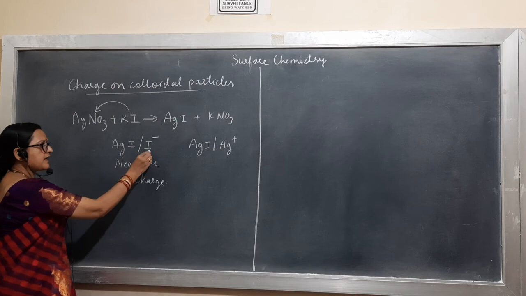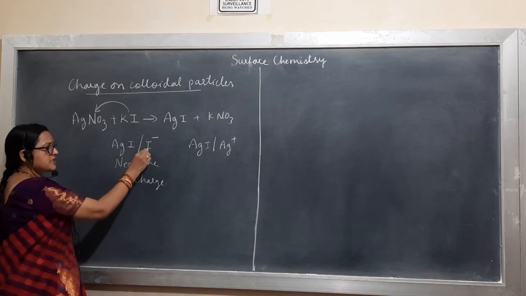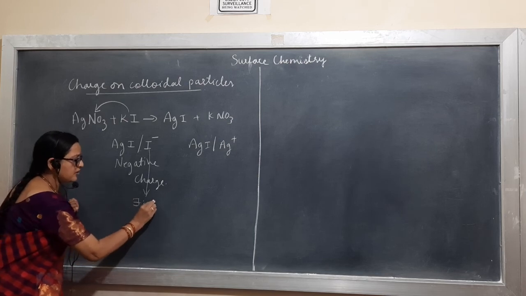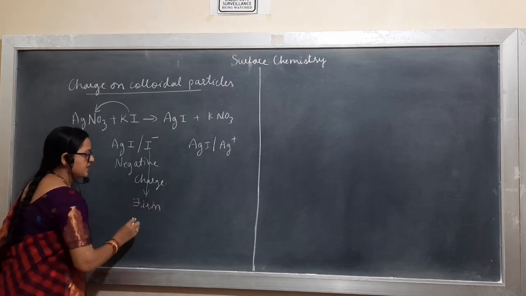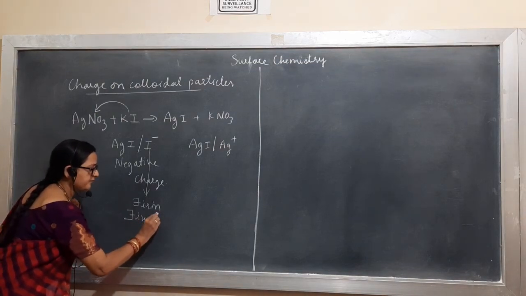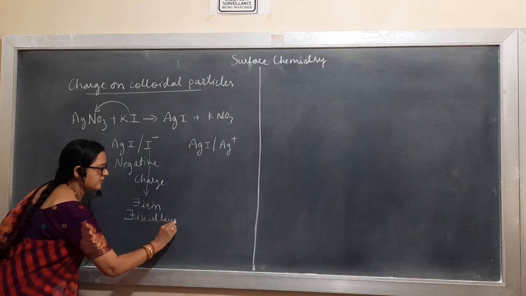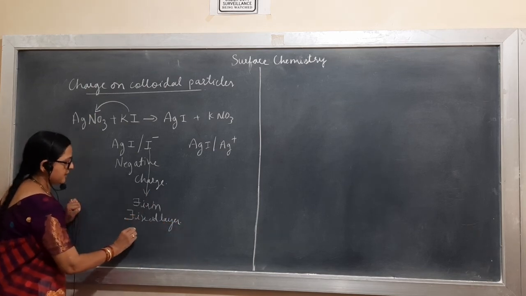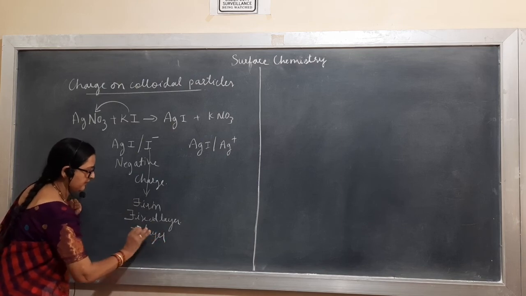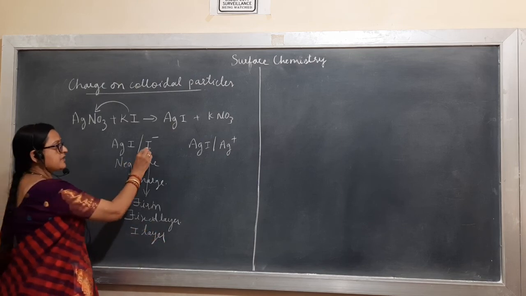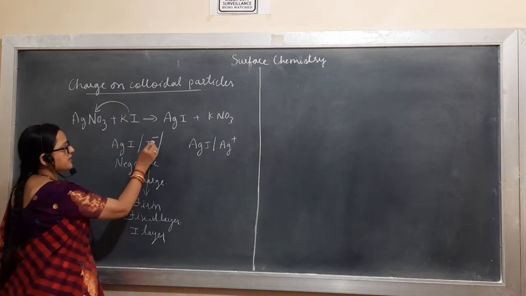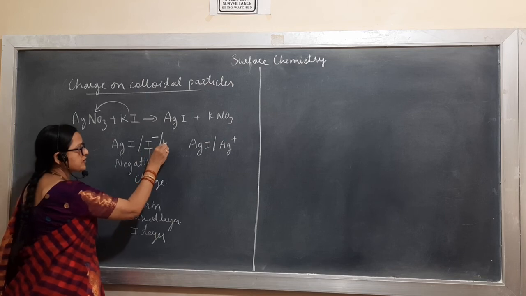When this ion has been deposited, this layer is very firm. Due to this firmness, it is also called the fixed layer. This fixed layer is nothing but the first layer. Now this fixed layer attracts one more ion, a counter-ion, which will be a positive ion.